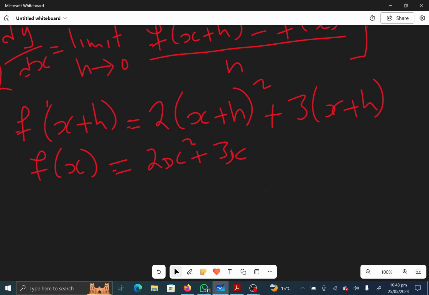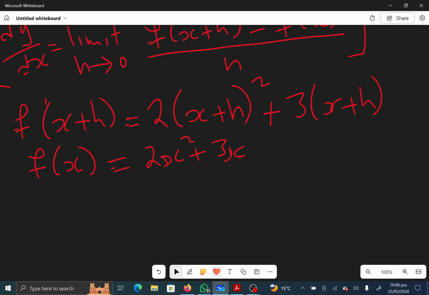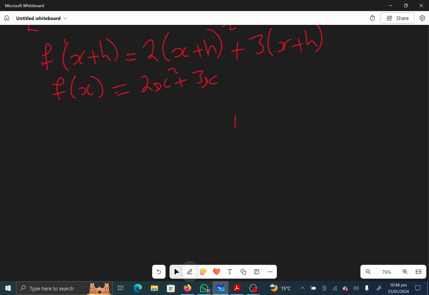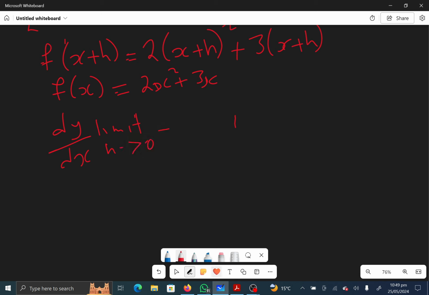So we will now replace this into our formula. So we'll say dy over dx, limit h is equal to 0.